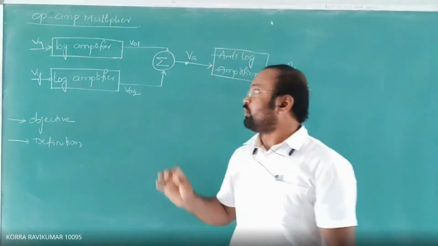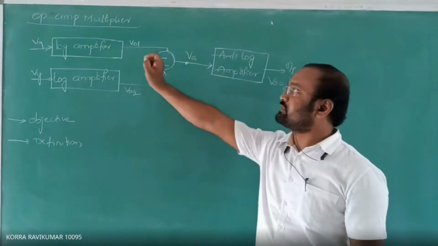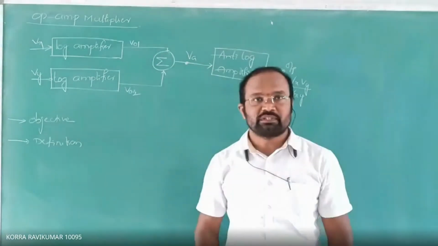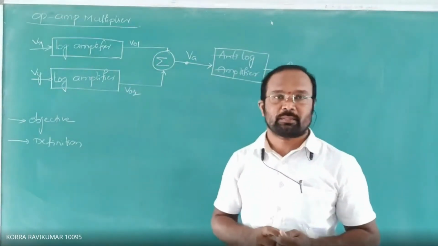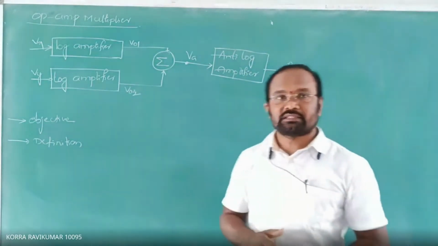Now, first, what is meant by multiplier? What is the definition of multiplier? Multiplier is an analog circuit.